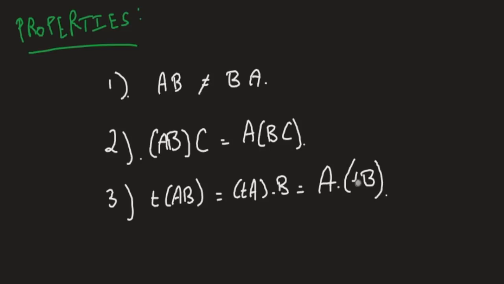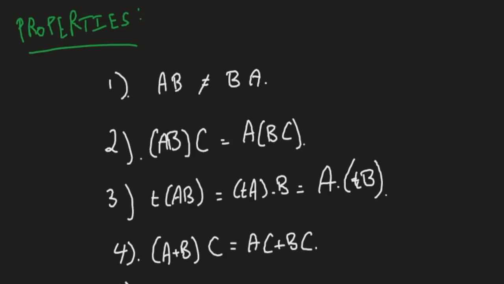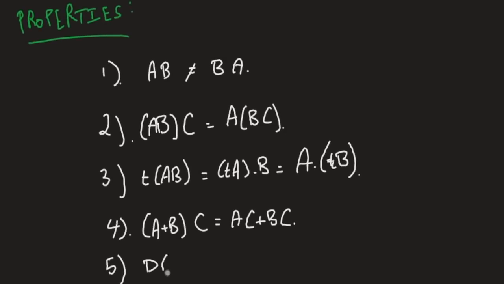That being said, if you've got a scalar hanging outside the product, you can just absorb it inside any of the matrices you wish. Fourth, say I've got (A plus B) times C, you can distribute: AC plus BC, right? And fifth, if you've got D multiplied by (A plus B), you can also distribute that. So whether on the left or on the right, you can still distribute over addition.